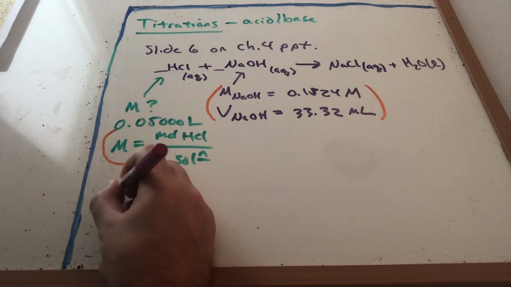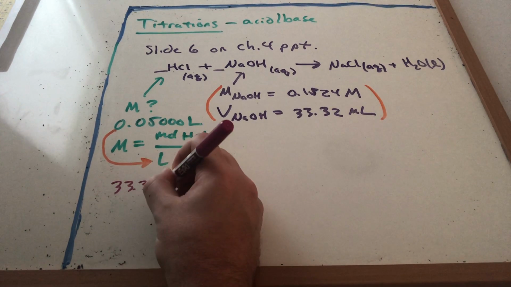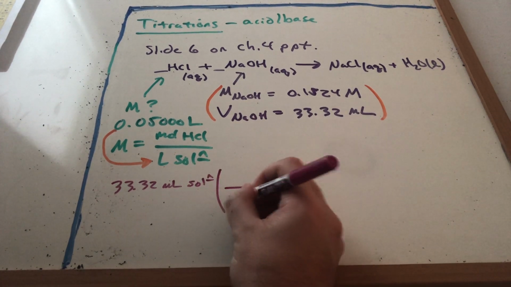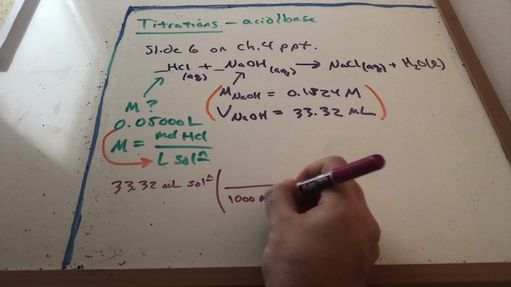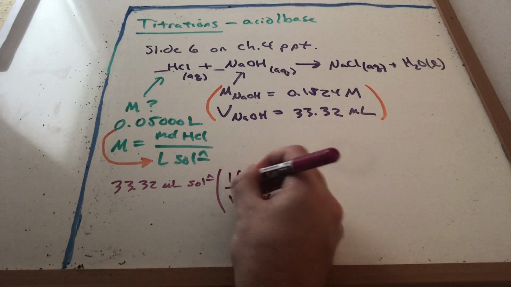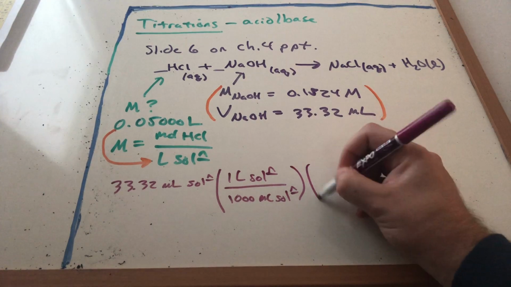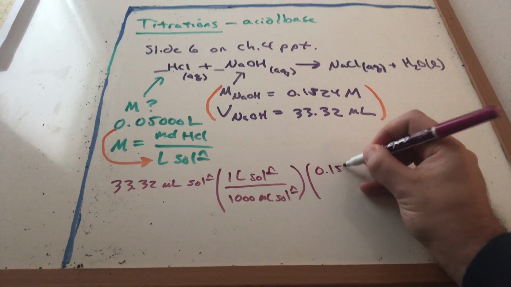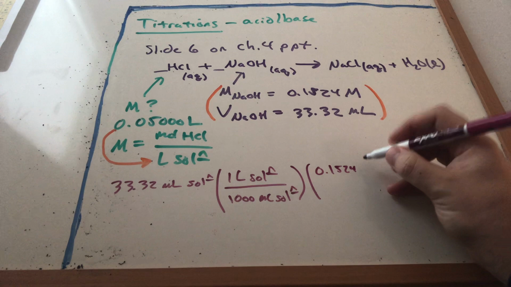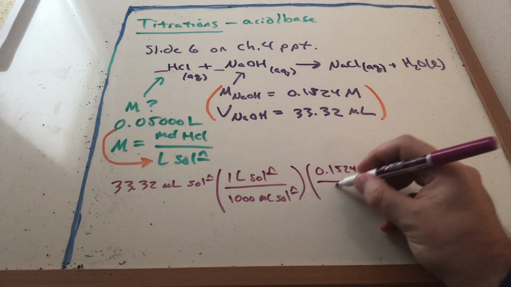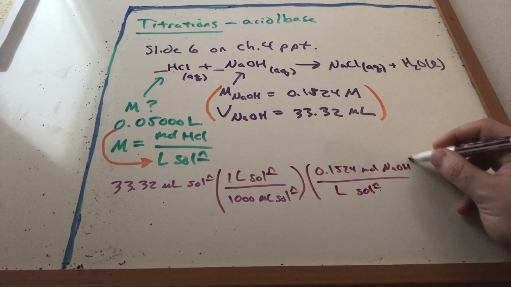So I'm going to start with 33.32 milliliters of my NaOH solution. I'm going to convert that to liters. There's 1,000 milliliters in 1 liter. Now I can use my molarity, and it's 0.1524. Remember what big M turns into? Moles of NaOH per liter of solution.